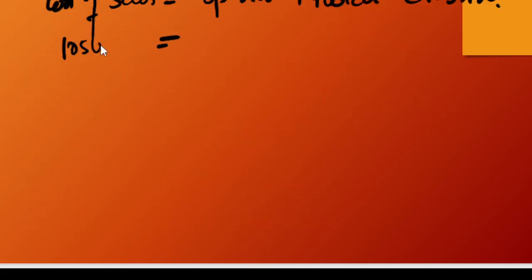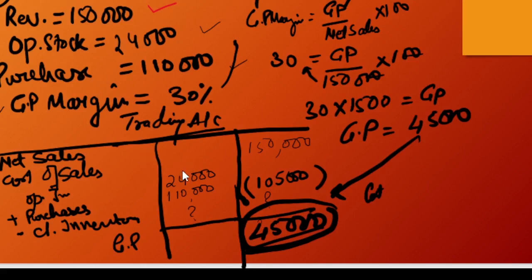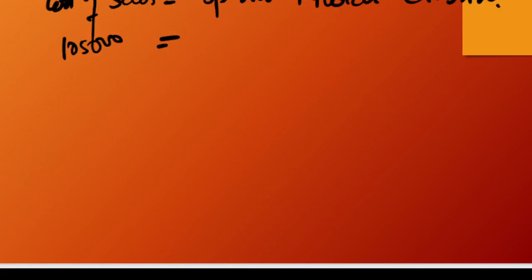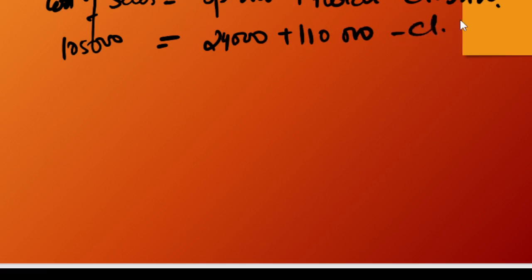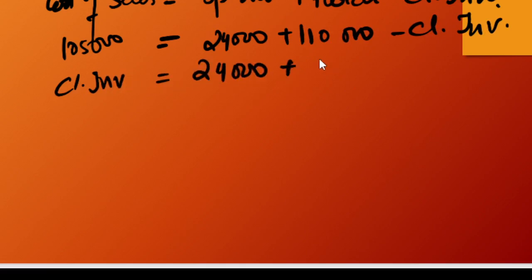So 105,000 goes this side. Opening inventory is 24,000, purchases 110,000, and less closing inventory. So closing inventory is equal to 24,000 plus 110,000 minus 105,000.